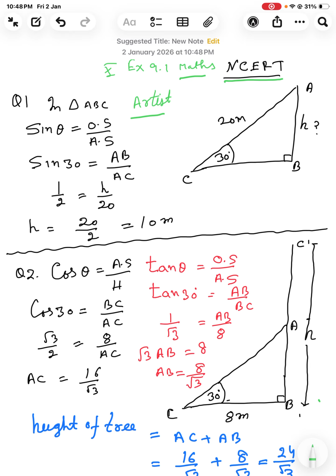In question 1, an artist is climbing on a rope which is 20 meters long, which is tight at the pole. We have to find the height of the pole, with the rope making an angle of 30 degrees. Because the opposite side and hypotenuse are given, apply sine theta, opposite side upon hypotenuse.